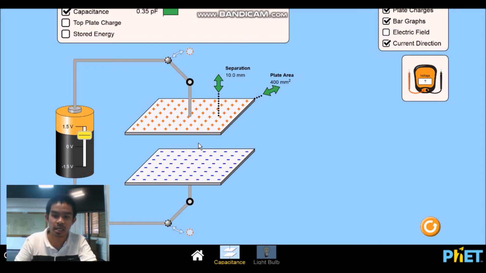With a good but not best insulator, some of the electrons will flow, not totally all electrons cannot flow. So one of the factors affecting the capacitance of the capacitor is the substance found between the two plates.